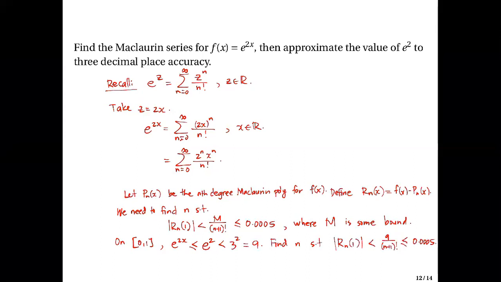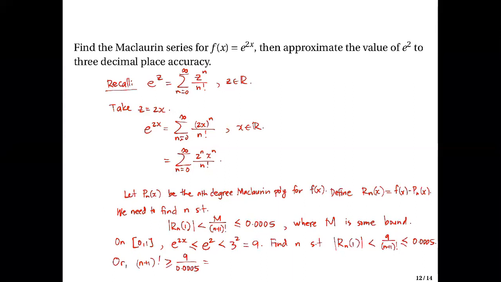This means our n plus 1 factorial would be greater than or equal to 9 over 0.0005.